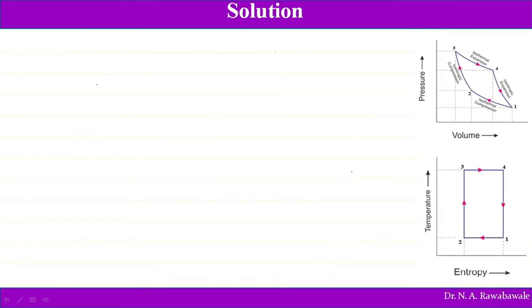Now for the isentropic compression process 2 to 3, it can be written as T3 divided by T2 is equal to (V2 divided by V3) to the power of gamma minus 1.